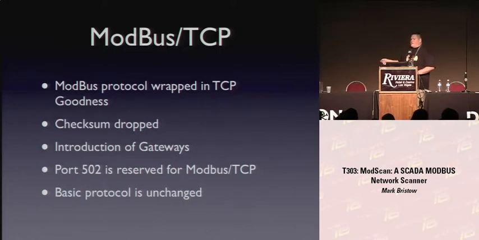These become really important because a gateway basically takes a Modbus TCP connection, gives it 1 IP address, and then it'll allow you to attach a whole ring of slaves to that. So you can put up to 247 slaves attached to 1 gateway, now hiding behind 1 IP address, which is how a lot of these systems are kind of put together. As I said before, port 502 is still the port for this, but basically everything else is completely unchanged in the protocol. The underlying packet is the same.